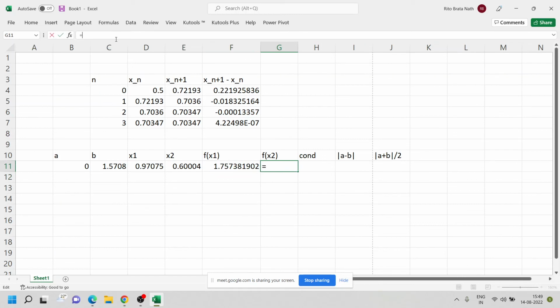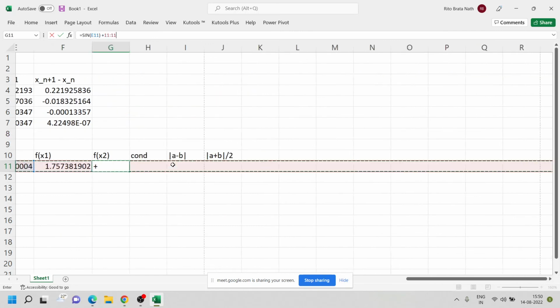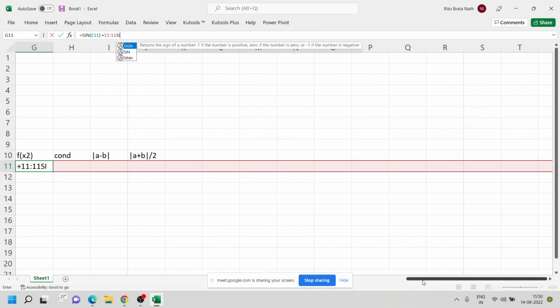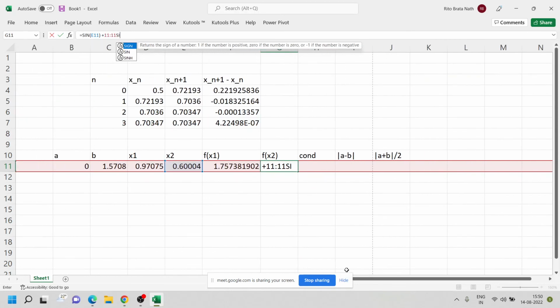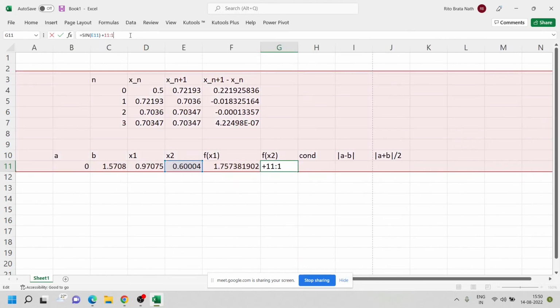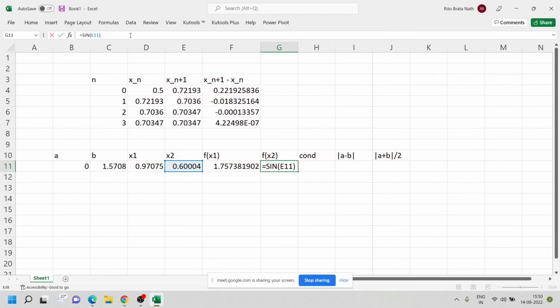Again, you have to write sine x plus sine 2x for x2.